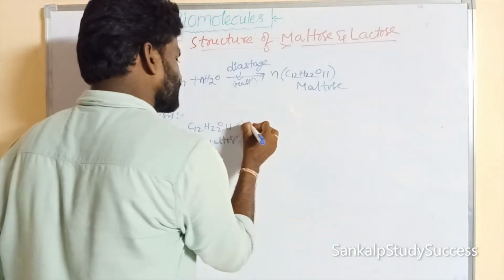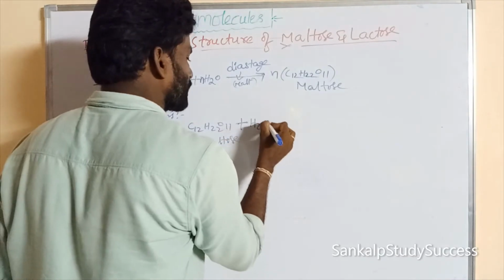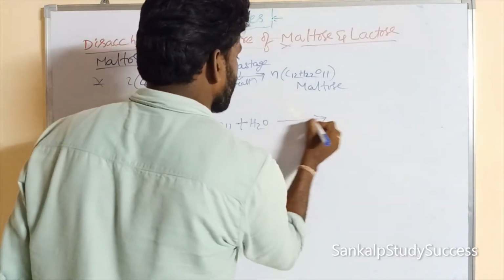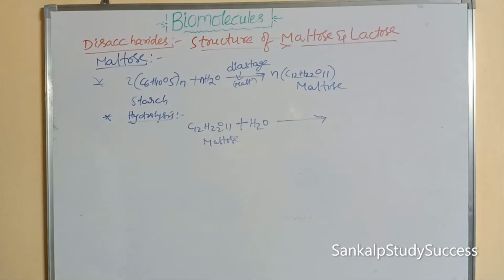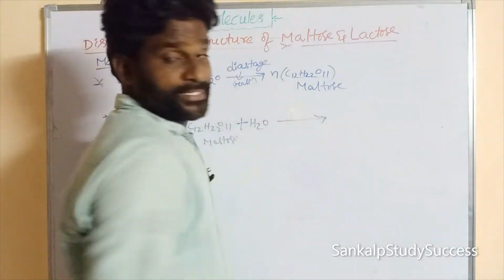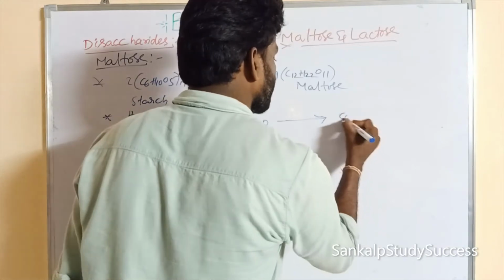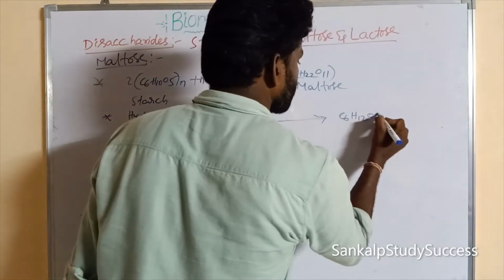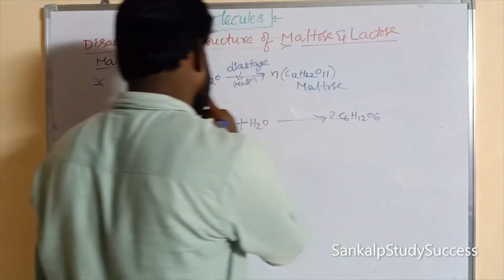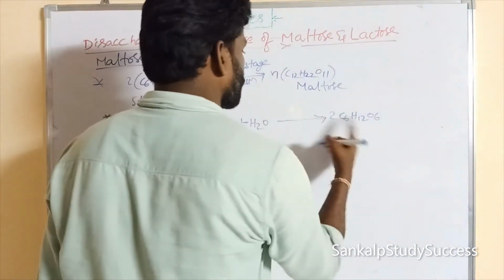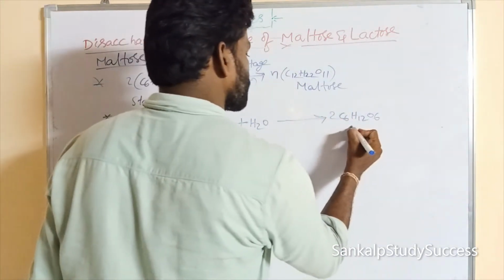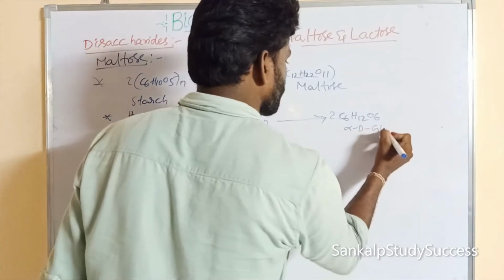On hydrolysis, meaning adding of water, H2O, it gives 2 units of glucose, C6H12O6. These are 2 molecules of glucose, the alpha D glucose units.